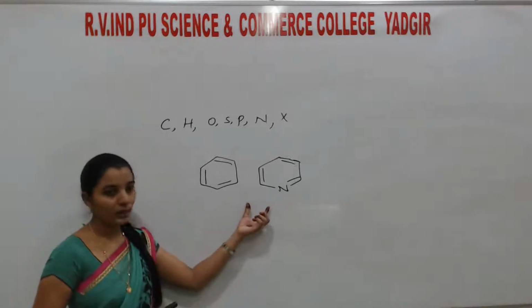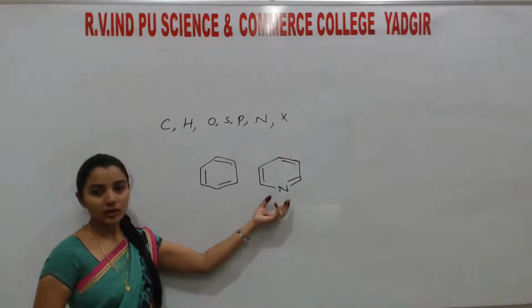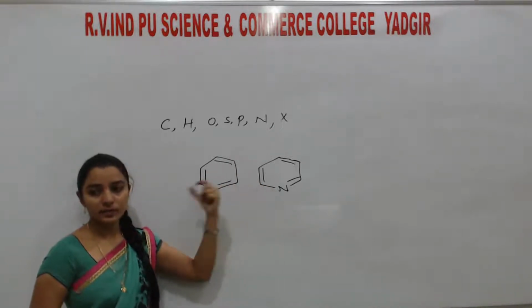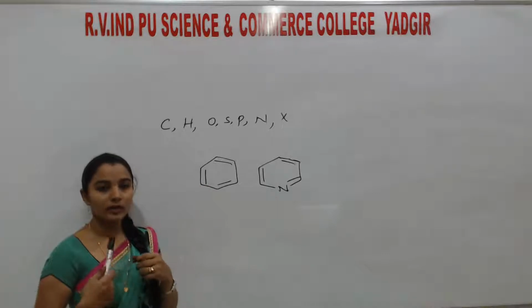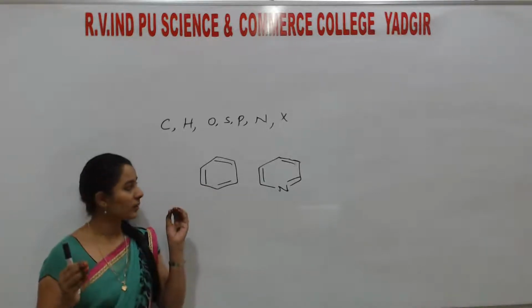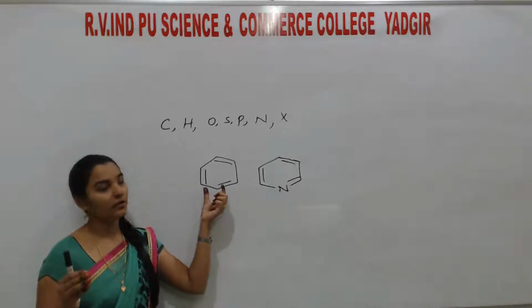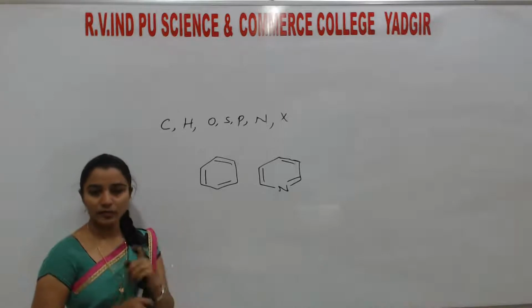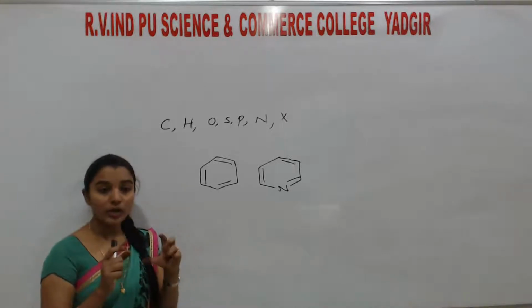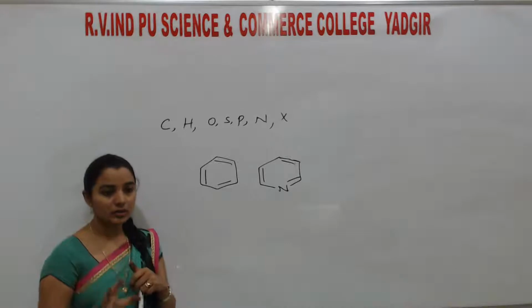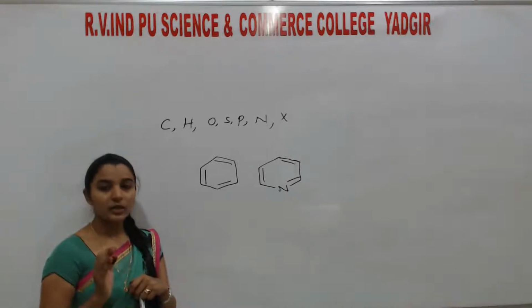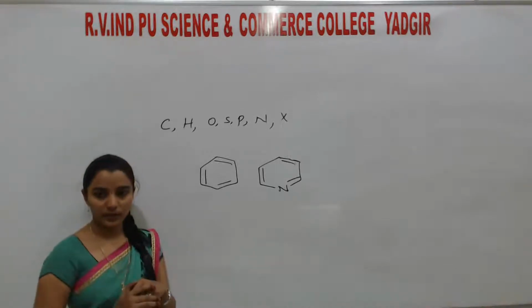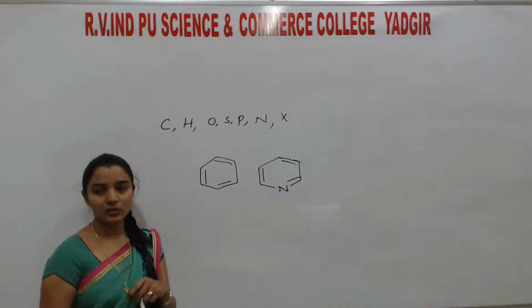Only through chemical reactions can we check which element is present other than carbon and hydrogen. There are some tests, different for oxygen, different for phosphorus. So we have to conduct those tests. If the test gives a positive result, then the respective element is present. If the result is negative, then it is absent.